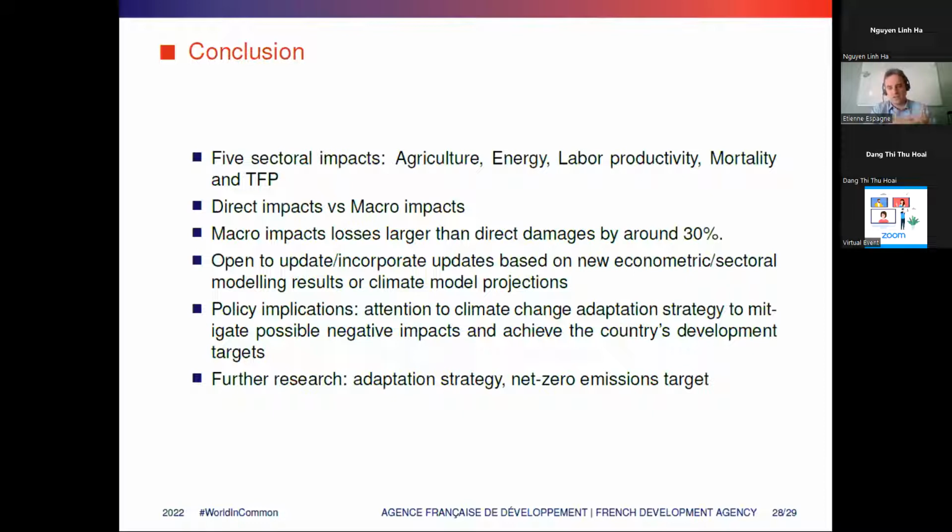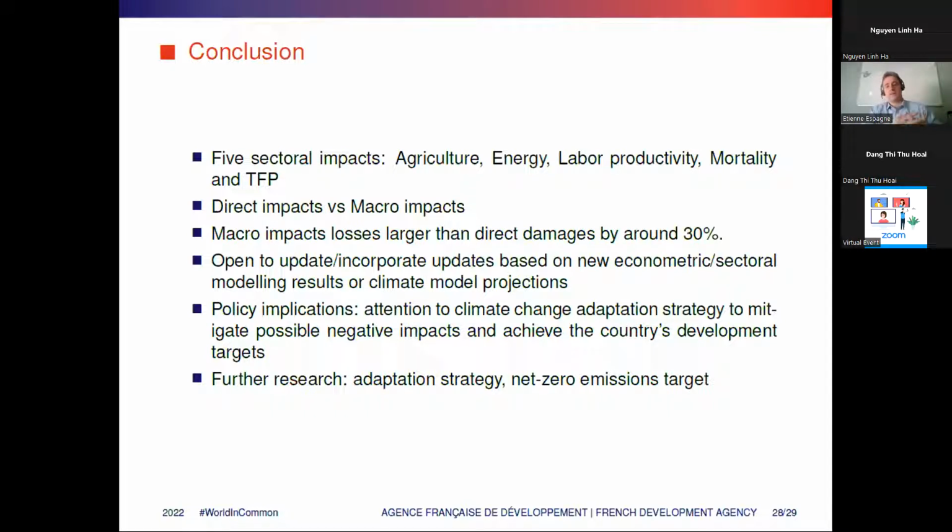And of course, after COP26, we need to develop a new baseline scenario because we have this very important net zero announcement of Vietnam, by the Vietnamese Prime Minister at COP26, and this builds in itself a new baseline scenario with a very strong structural change towards net zero in 2050.